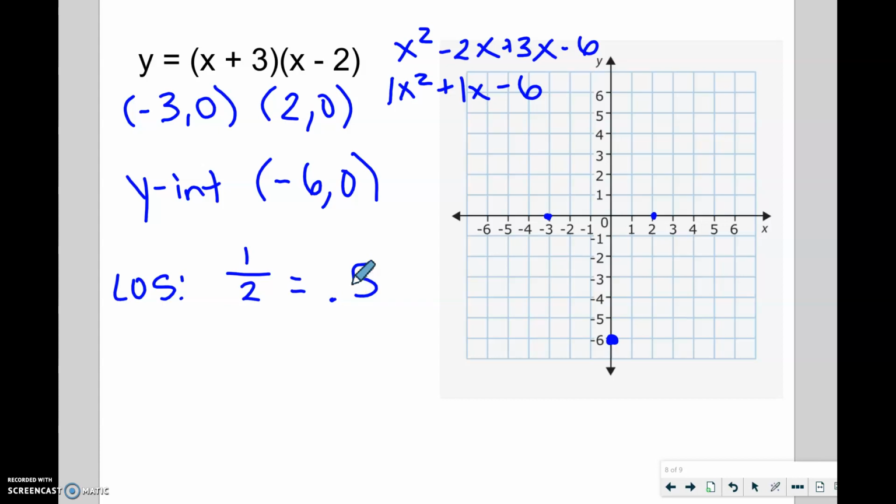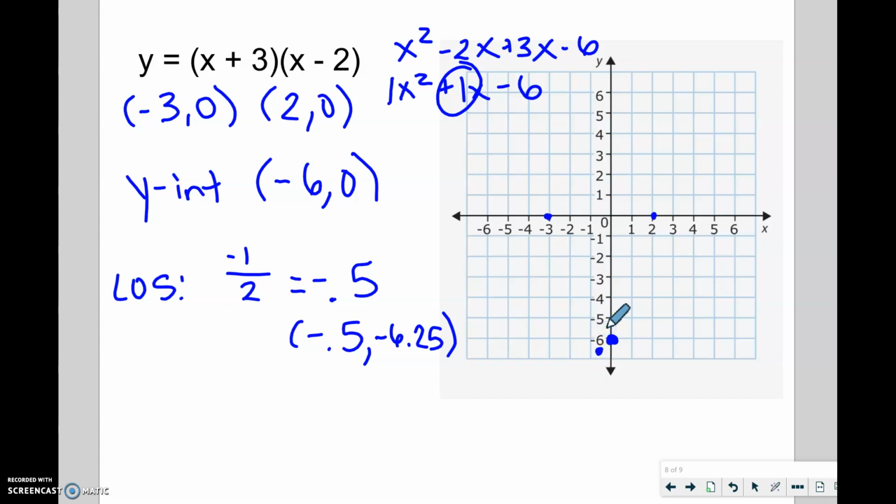Oh, this was supposed to be a negative. Almost made that mistake again. B is positive, so negative b would be negative. So I'd get negative 0.5. When I plug it in for the x, I'm going to get negative 6.25. So (-0.5, -6.25).